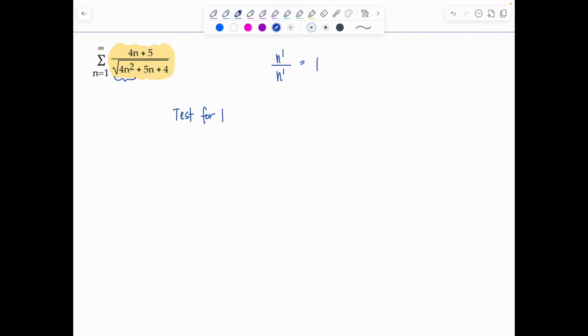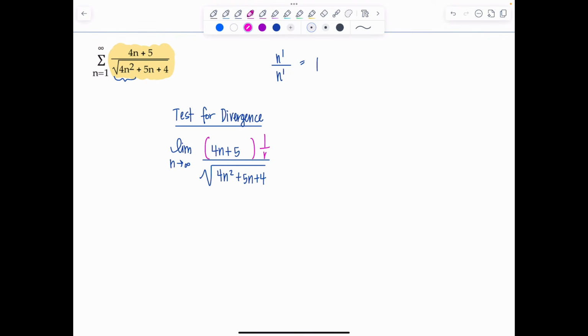So the test for divergence, remember, if the terms of the series don't approach 0, then for sure the series diverges. So you just literally take the limit as n goes to infinity of 4n plus 5 over the square root of 4n squared plus 5n plus 4. I'm going to divide everybody by the highest power of n in the denominator, which is n to the first.